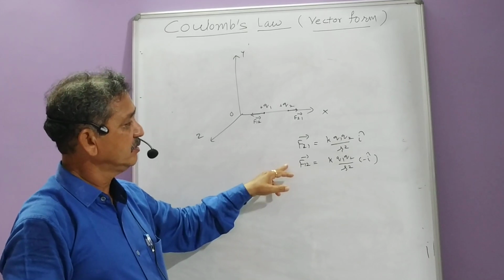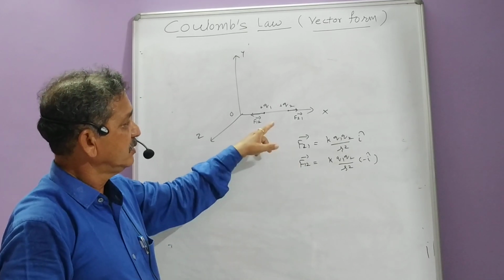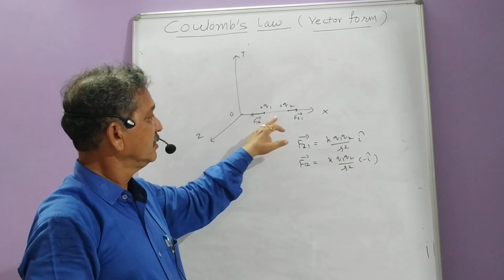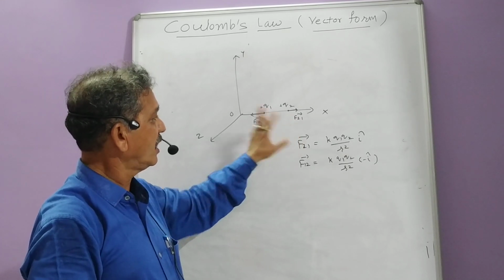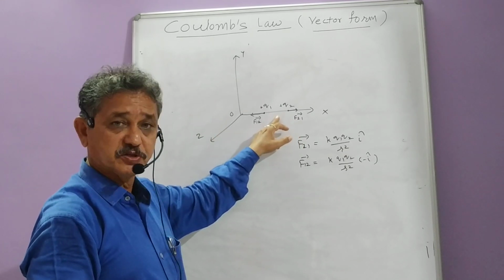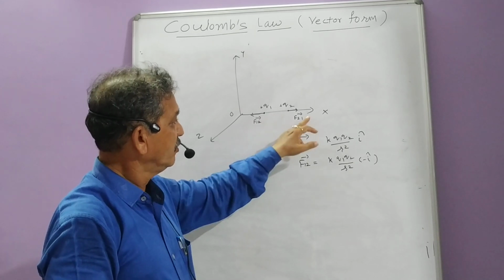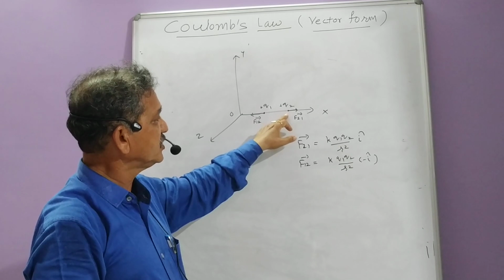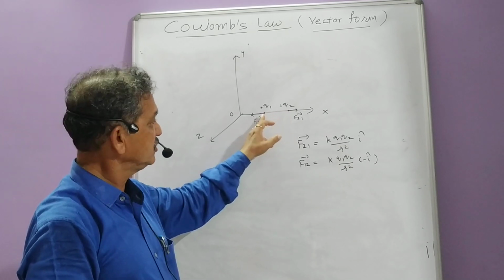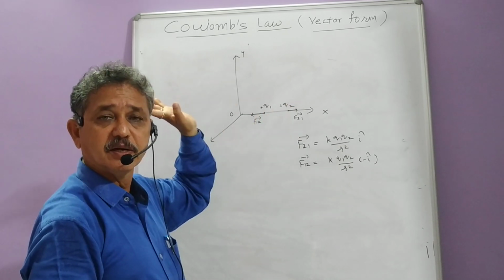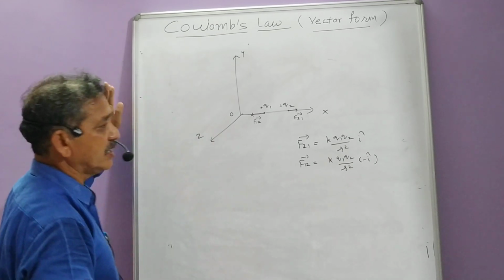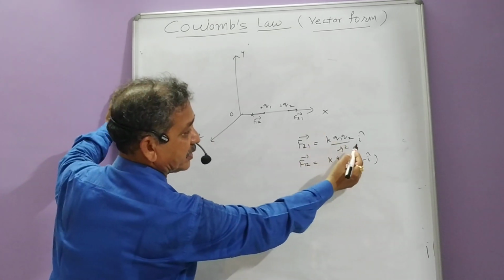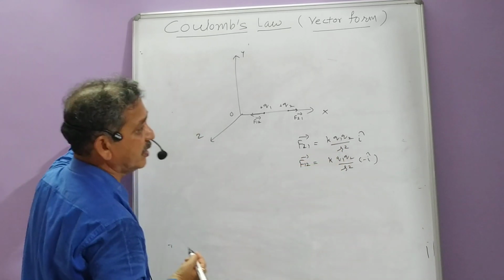So whenever the charges are separated by a certain distance, and both are either positive charges or both are negative charges, here you can see that the unit vector is either positive i or negative i.